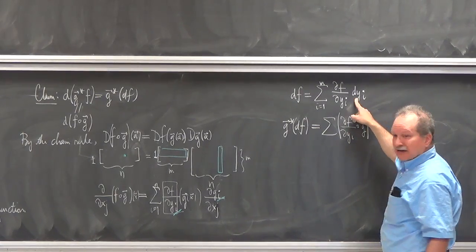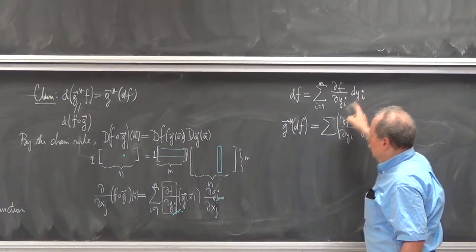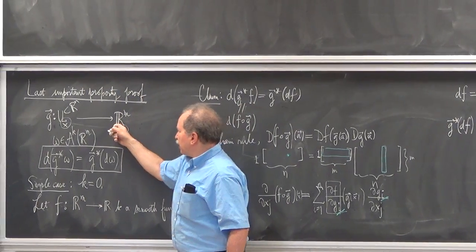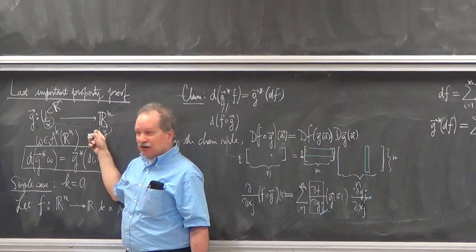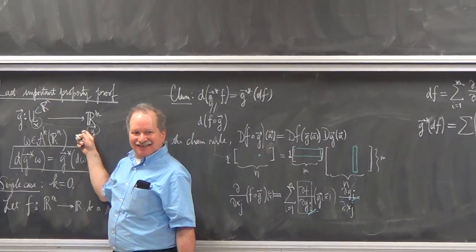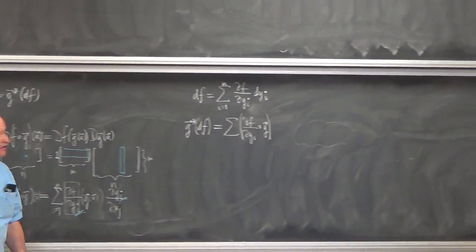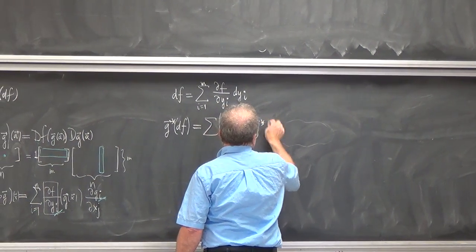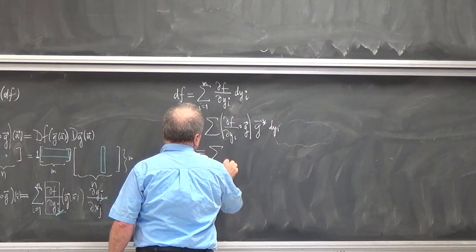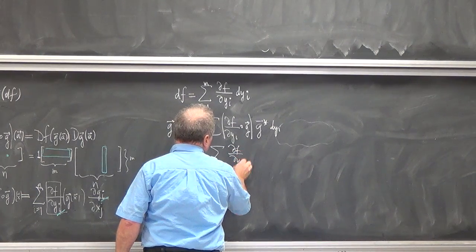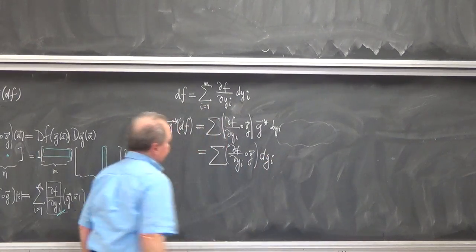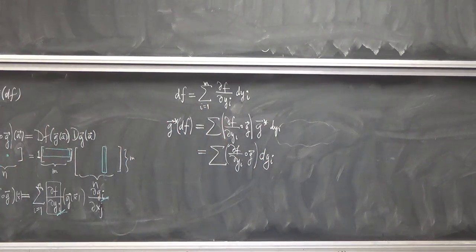I have to pull them back. And that's the ith component here. So the way you pull back dyi is you take the ith component of g and you take its derivative. So the pullback of dyi is exactly dgi.